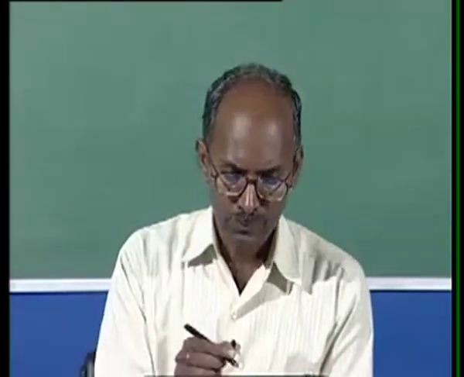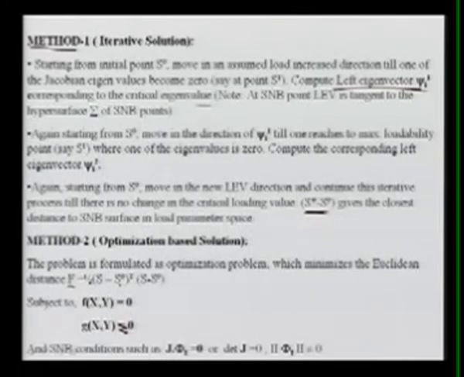So we take the difference, then multiply with the transpose, and we get a scalar value. The half is used since it is a constant, and optimization will not change at all if you multiply by any constant; only since we differentiate it, this 2 will vanish. So this is your objective function, that is we have to minimize this function f, that is minimum of f, subject to various constraints.